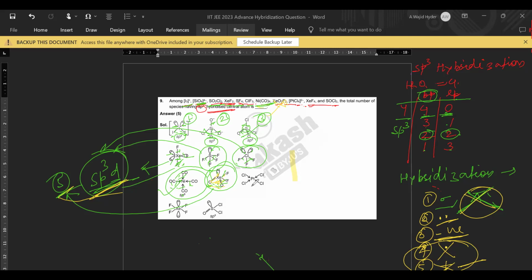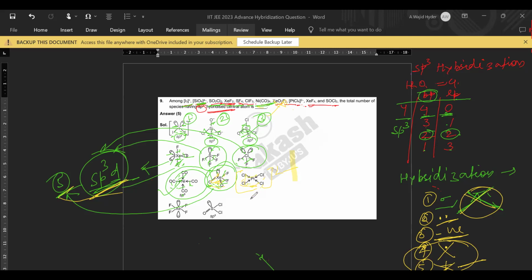Now see platinum, this platinum, 4 Cl are there. PtCl4 2 minus. In this case also 4 sigma bonds are there.